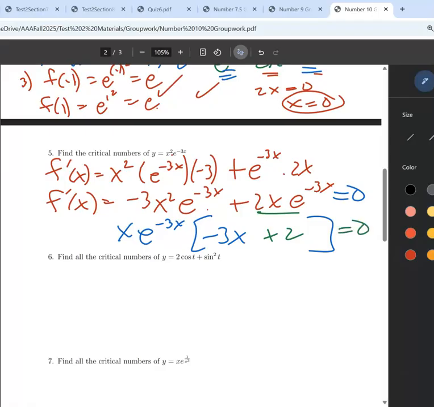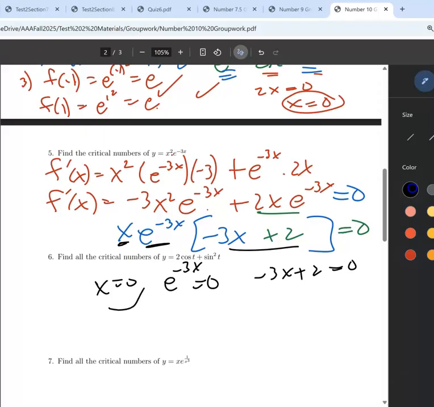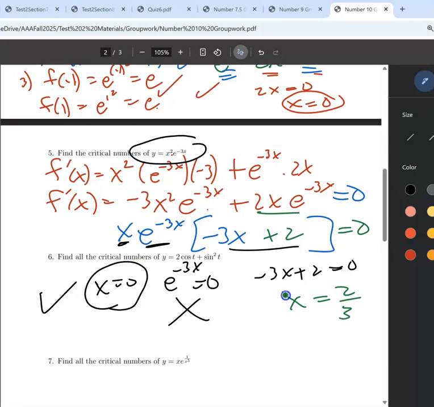So I have three things that equal 0: x equals 0, e to the negative 3x equals 0, and negative 3x plus 2 equals 0. So x equals 0. Yep, I can use that in the original problem, so that's good. This never happens. And if I solve here, I'd get 2/3, and that's a totally legit critical number. So those are my two critical numbers.